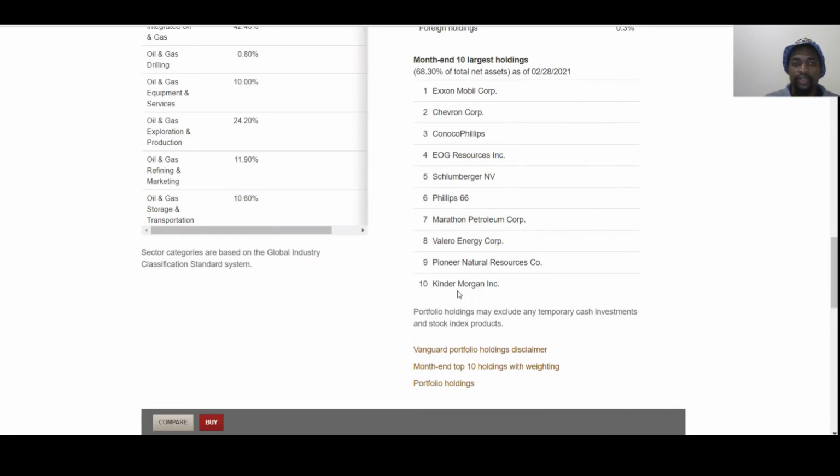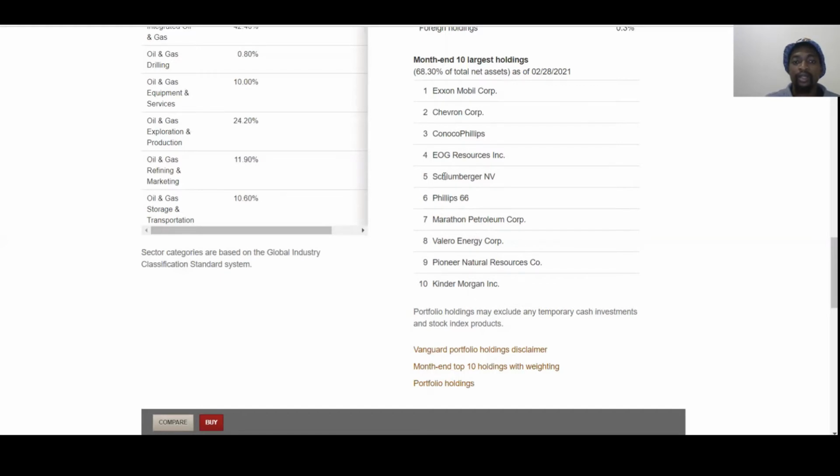I'm trying to see if there's Occidental. Okay, I don't see Occidental here, but there's ExxonMobil, Chevron, which are oil and gas companies, the biggest ones that I know of, and Phillips 66. I'm trying to see if there's where we did have a bit of Kinder Morgan incorporation in our eToro account, but we have since sold this position.